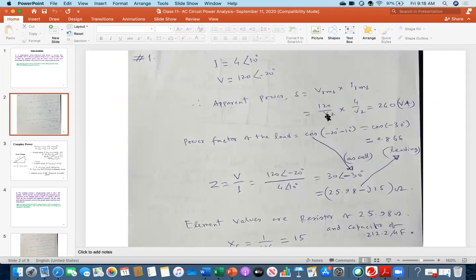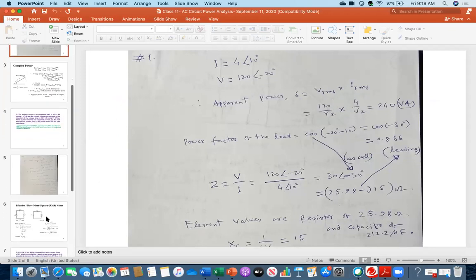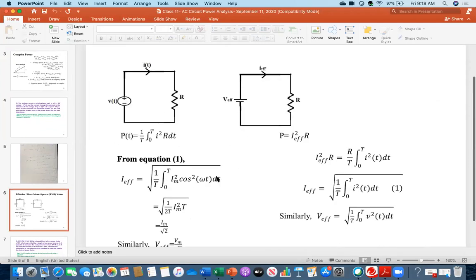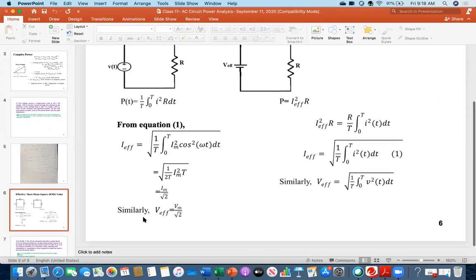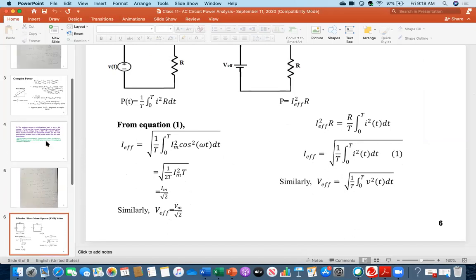So what I am doing with the magnitude part is 4 over root 2 and 120 over root 2. Why am I doing that? We discussed this thing: we concluded V effective or VRMS is Vm over root 2, and in the case of current, I effective is Im over root 2. Last class we were discussing this. So this means you have to divide their peak or magnitude by root 2.